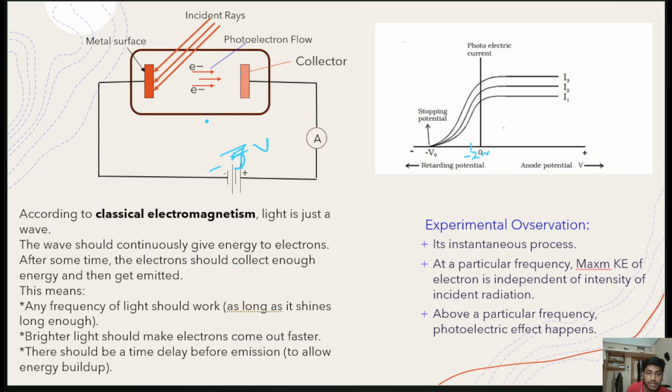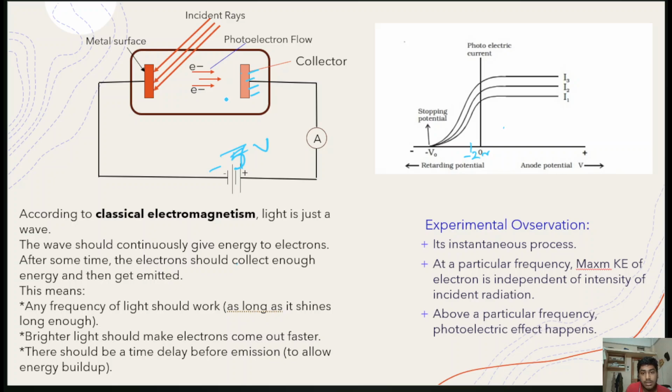Why? Because if we apply minus 7 volt, there are more negative charges, so the electrons which have maximum kinetic energy do not reach the collector. Just before the collector they are repelled back.